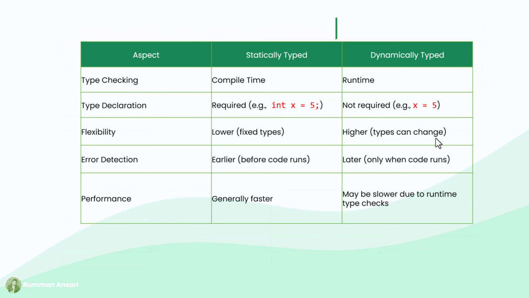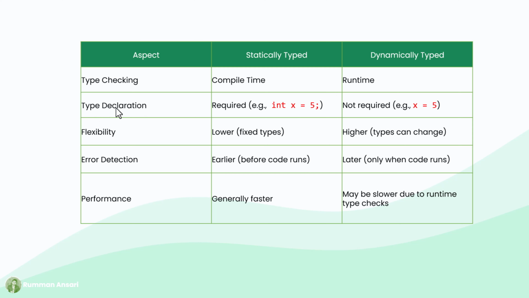Okay, now if we discuss the key differences from this section, we can see it. The first point is type checking: it happens at compile time in one case, and at runtime in the other. The second point is type declaration. As I already discussed, at the time of the variable declaration you have to mention the type here. So int is the type of the variable x.